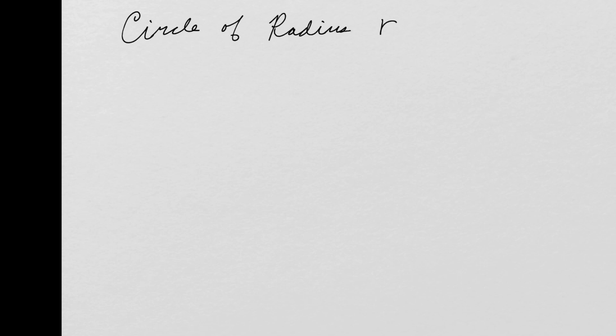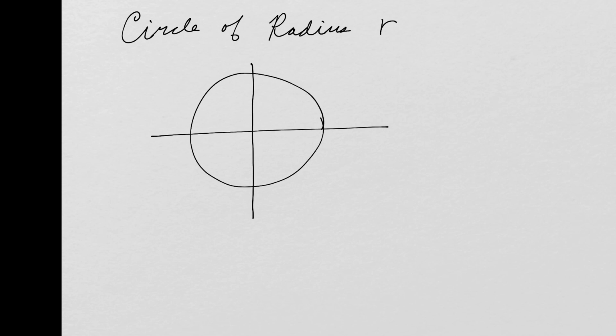So if I have a circle, and now we're going to say that the radius is r. So this is r. So this would be the angle theta, right? And then this point right here would be xy.